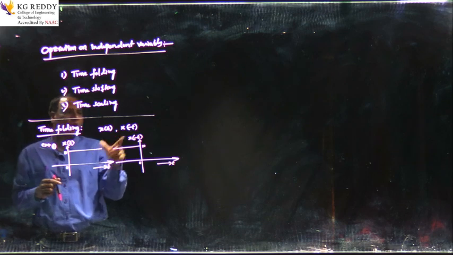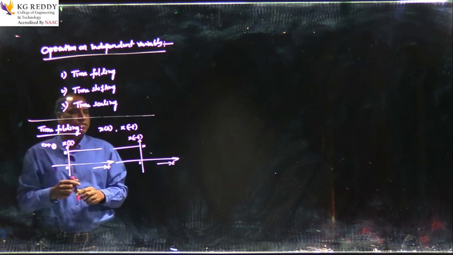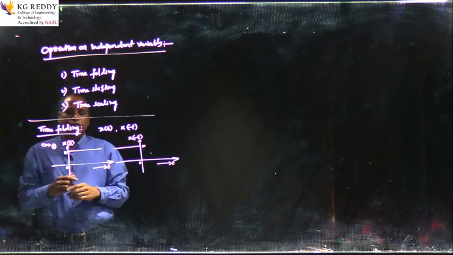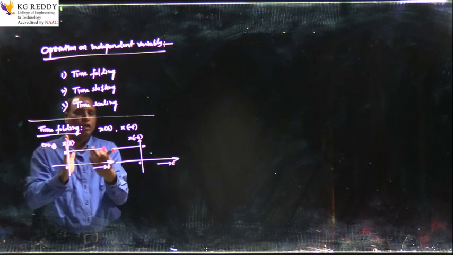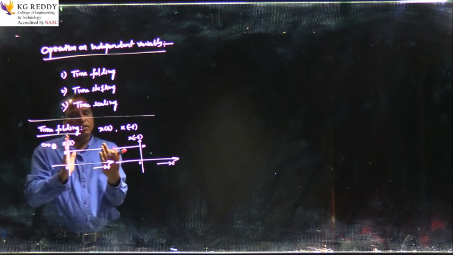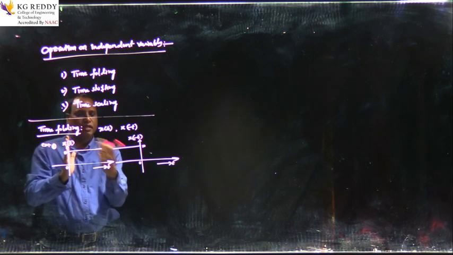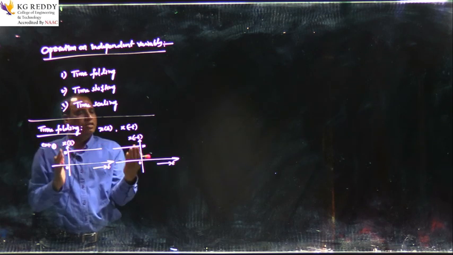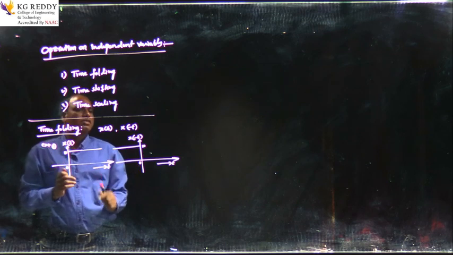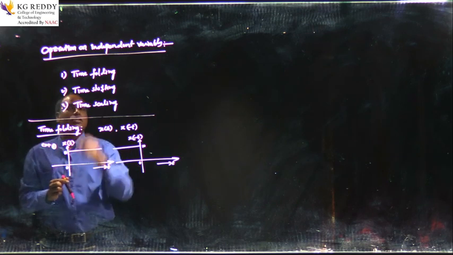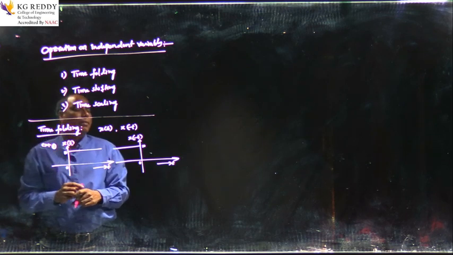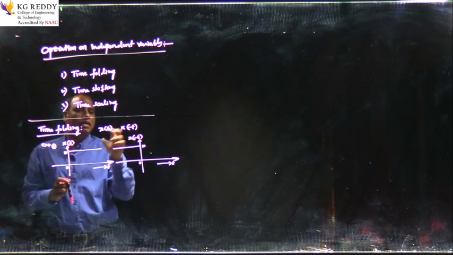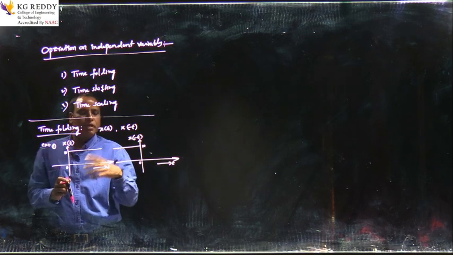The reason we call them mirror images of each other is that if you place a mirror here, whatever is there from 0 to infinity reflects in the mirror, and the reflection is nothing but this signal. That's the reason this operation is also known as the time folding or time reflection operation, and x of minus t and x of t are known as mirror images of each other.